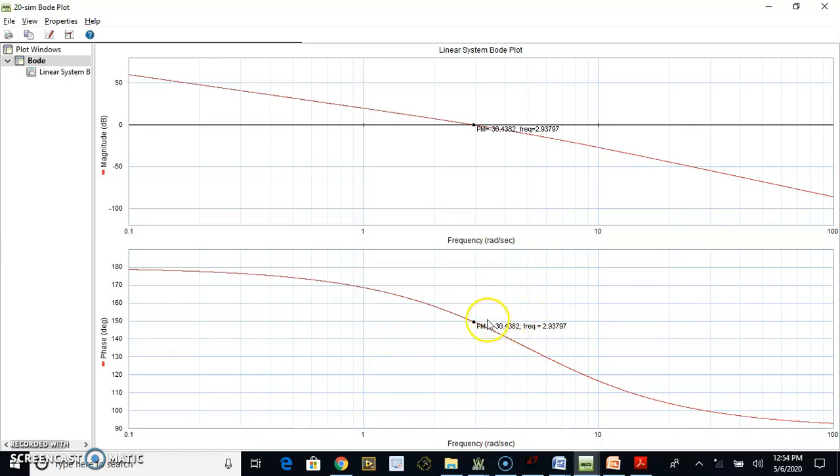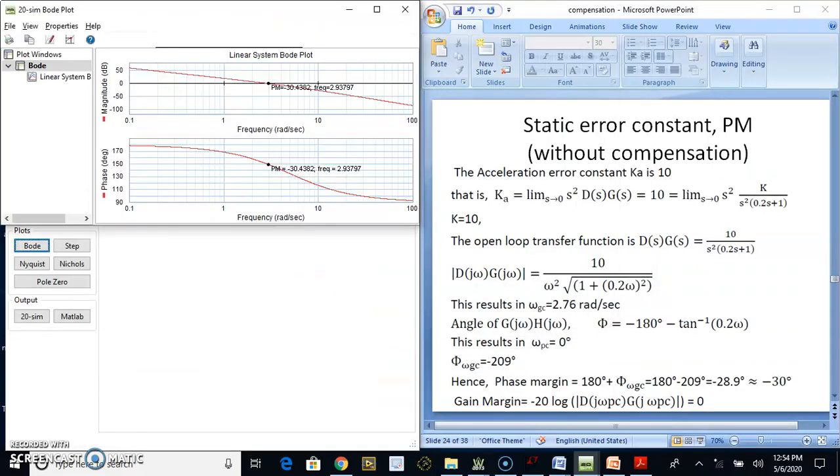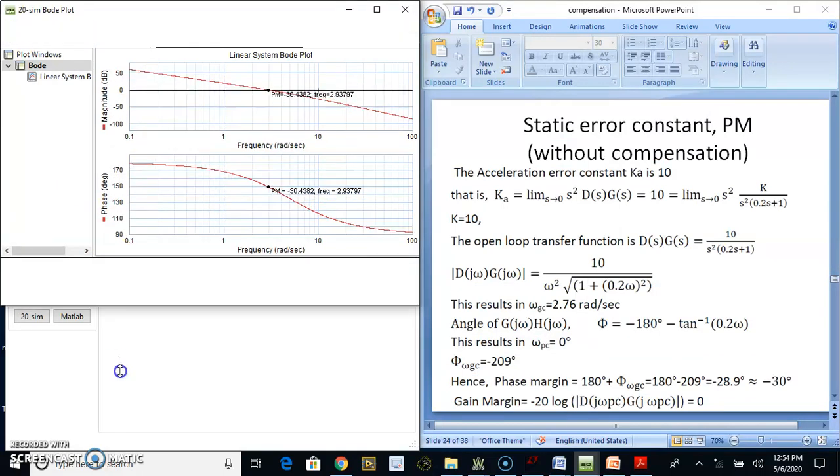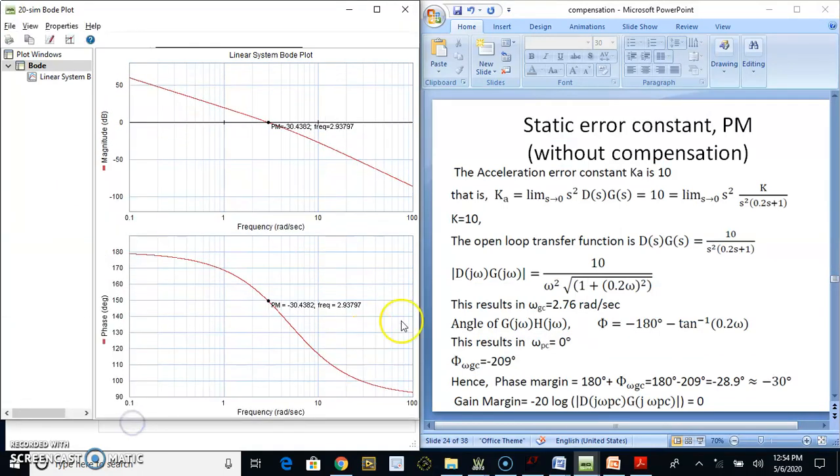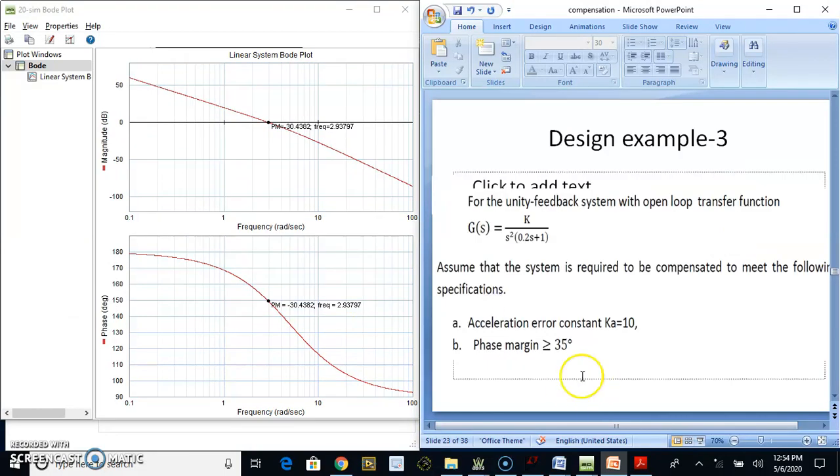Now the system is unstable, so this is before compensation. Now we need to design a compensator that makes the system stable. Not only stable, it should provide a phase margin of more than or equal to 35 degrees.